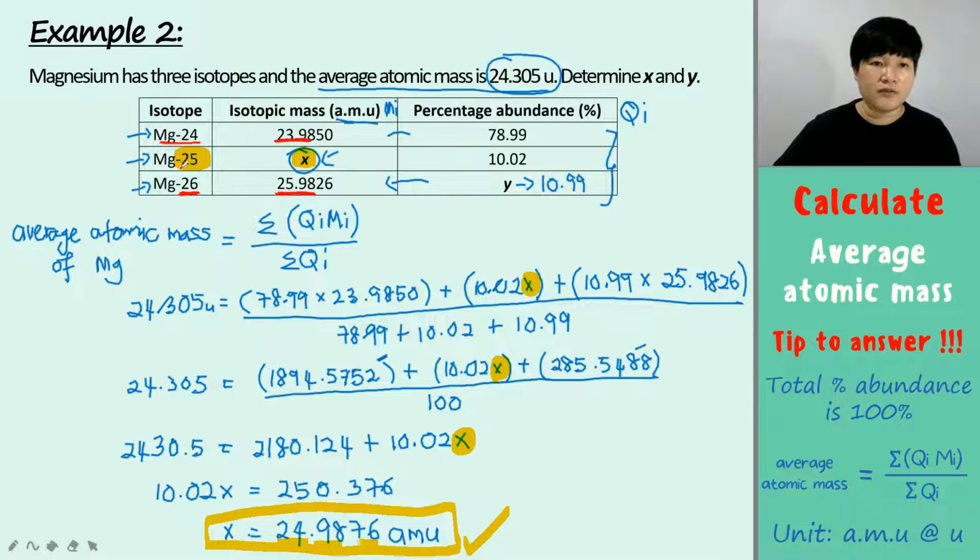Since we are looking for the isotopic mass of magnesium 25, therefore, the x calculated should be close enough to 25. That is the tip over here. Alright? All the isotopic masses should be close enough to the isotope number itself. Okay? Simple. Let's try another example.